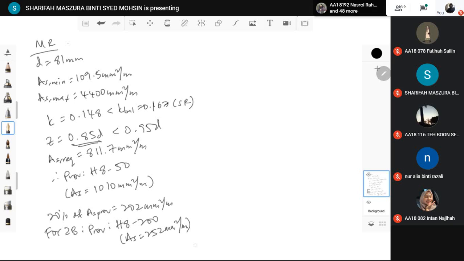Then for the main reinforcement, then we have to check for the shear. So VD was 36.14 kilonewton. So that is the larger shear force value.